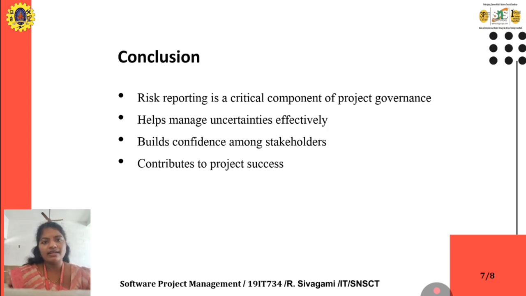We have handled that risk, and we are going to complete our project within the timeline and within the resources. So it gives confidence to our stakeholders and contributes to our successful projects.